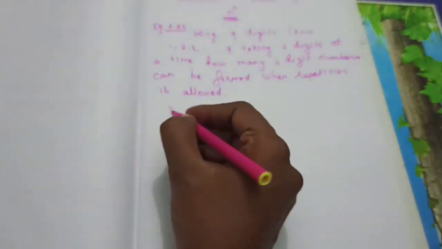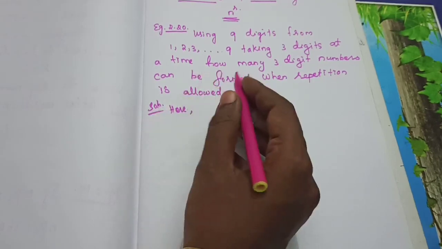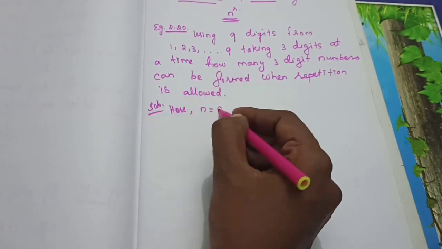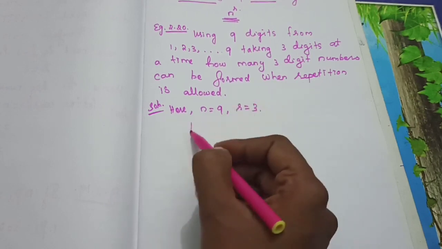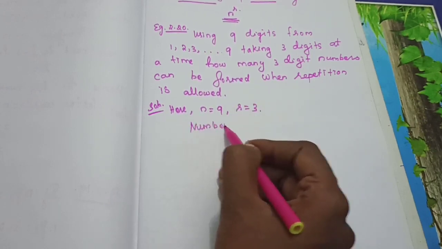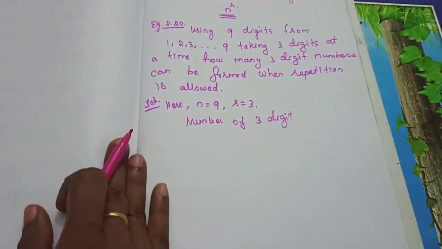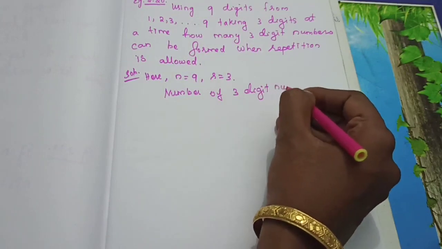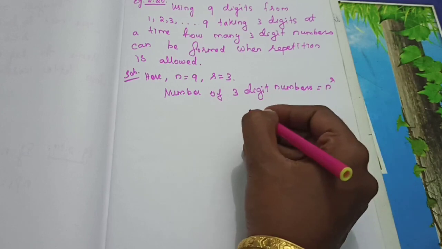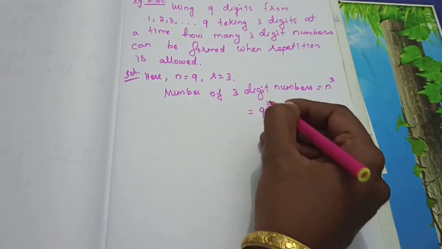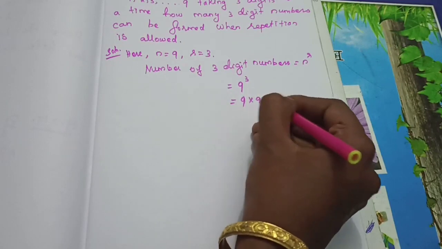Solution. Here what's the n value? Using 9 digits, so n is 9. How many digits did they say? R is equal to 3 digits. So what's the formula? Number of 3-digit numbers is equal to n power r, that is 9 power 3. 9 power 3 means 9 into 9 into 9.